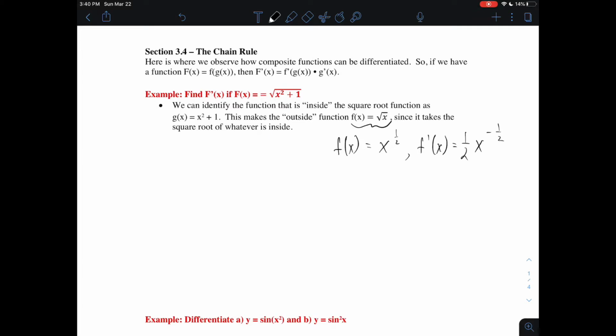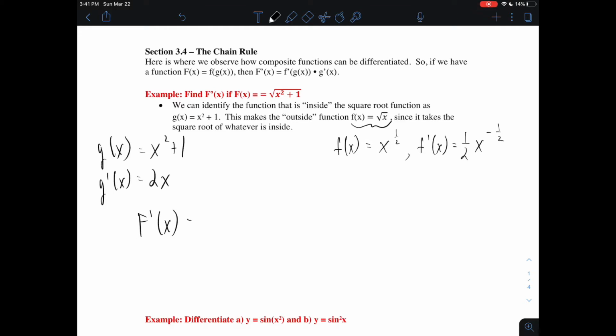And then we are also going to need the derivative of g of x, which is, again, just going to use the power rule. So if g of x is x squared plus 1, then g prime of x, its derivative, is 2x.